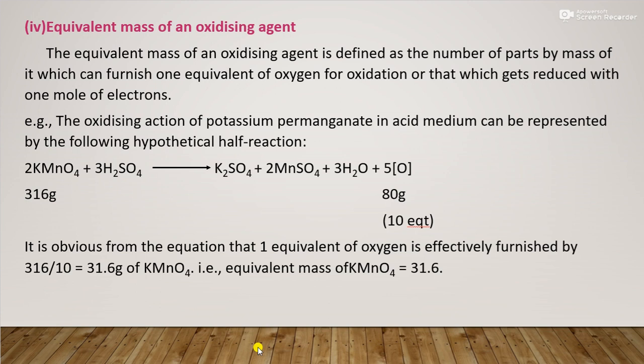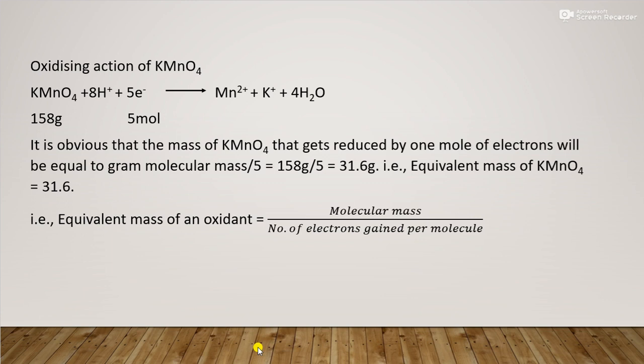So for two molecules of KMnO4, there is a decrease of 10 electrons. Okay. So we can calculate the equivalent mass of KMnO4 as 316 divided by 10. This 10 is also equal to the number of electrons gained per one molecule of KMnO4. That is given in the equation.